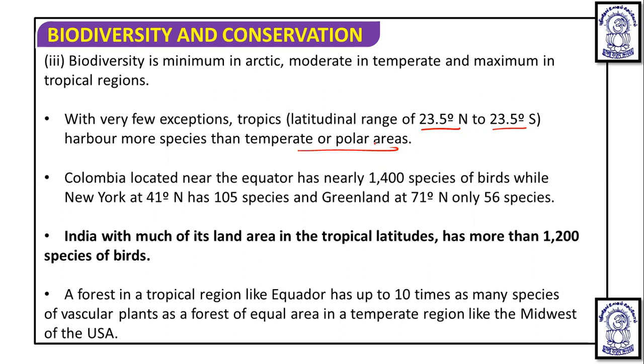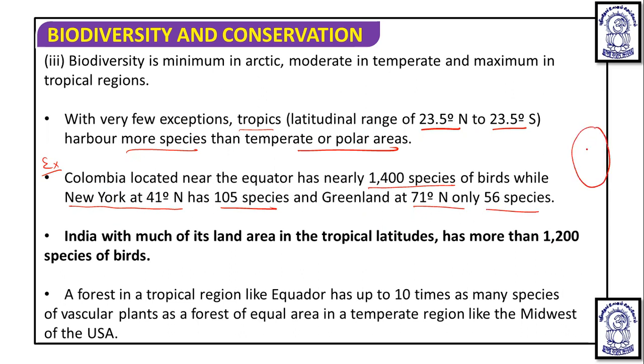Compared to polar areas, you will see a greater number of species in the tropical region. For example, Colombia, located near the equator, has nearly 1400 species of birds, while New York, at 41 degrees north, has 105 species, whereas Greenland, at 71 degrees north, has only 56 species.